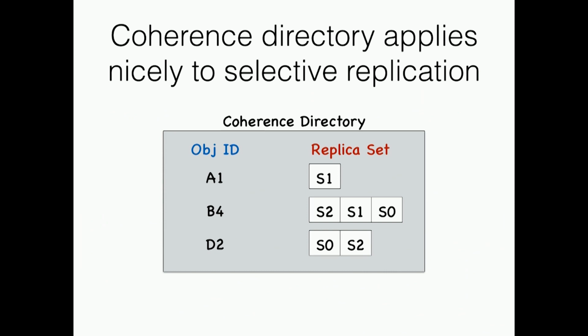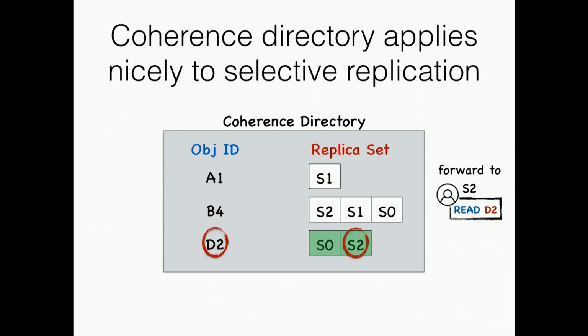So all the storage requests will go through the coherence directory first. The directory will check if the request is for one of these popular replicated objects. If there is a match, it will pick one of the servers from the replica set, essentially the server with the least minimum load, to send the request to.